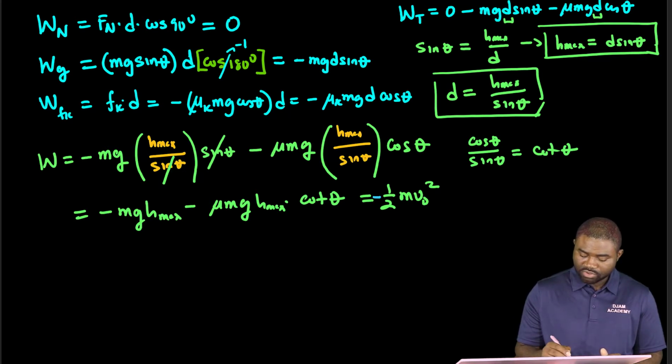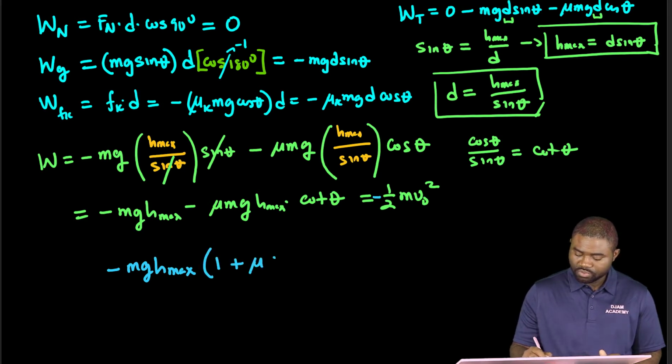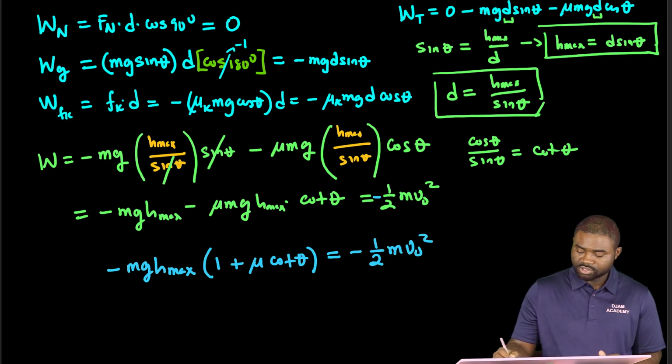Let's factorize out the common terms: negative mg h max, bracket, 1 plus mu cotangent theta, is equal to negative 1/2 m v naught squared.